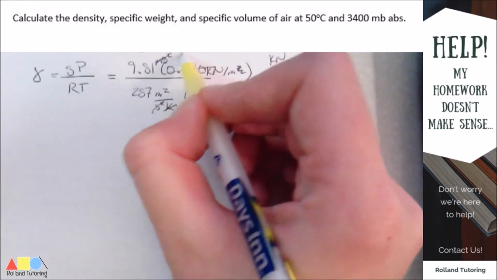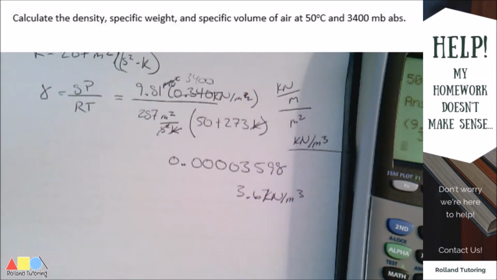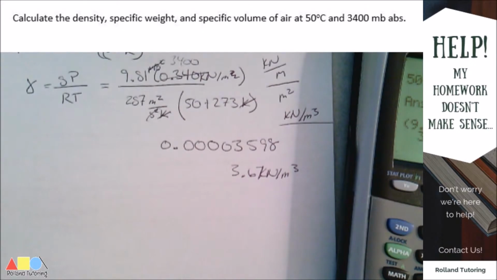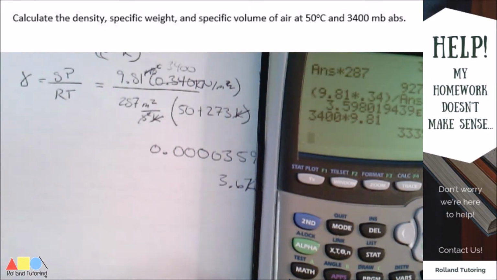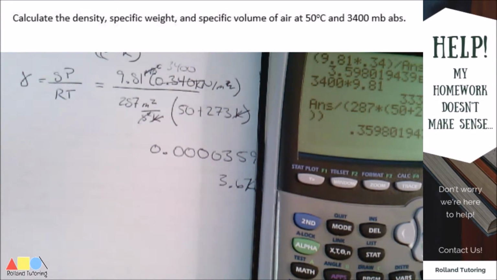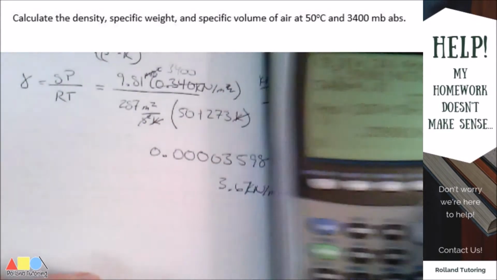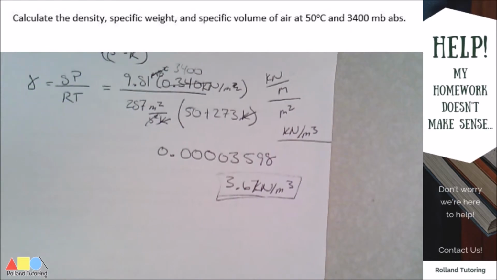So if we put 3,400 in here instead, because 1 bar equals kilonewton per meter squared, as I said, but if we had left that in there, we would get 3,400 times 9.81 divided by 287 times 50 plus 273, and that gives you the same number moved over here. So that will be your final answer.